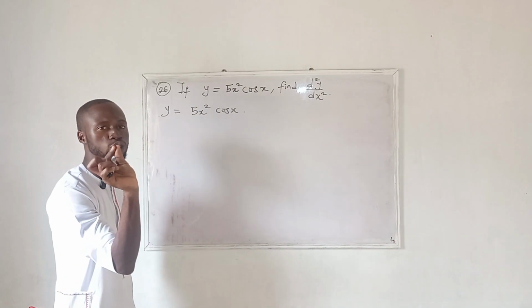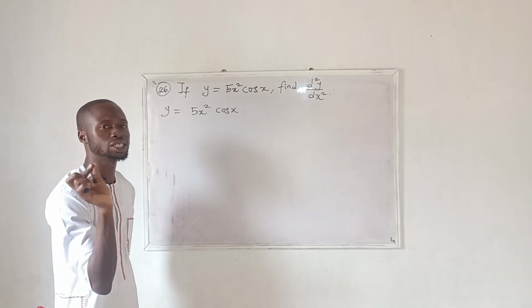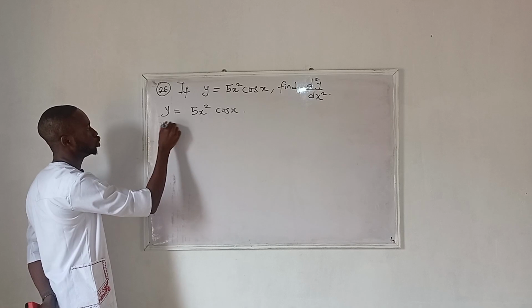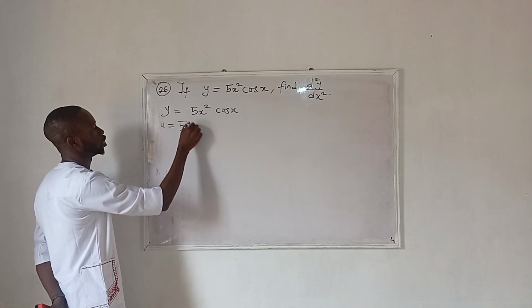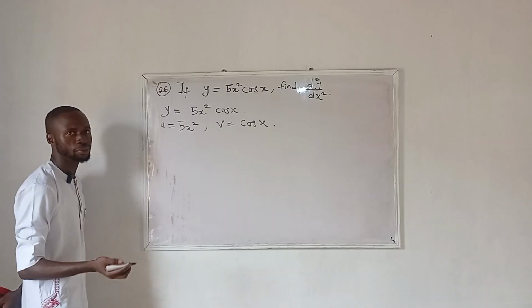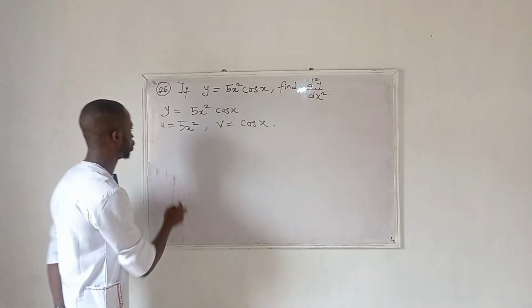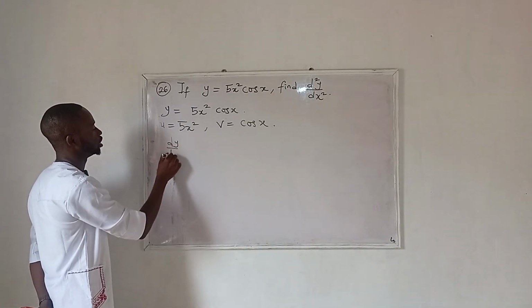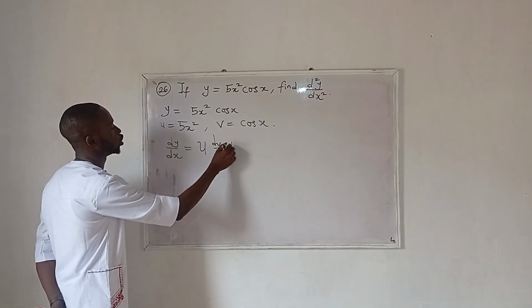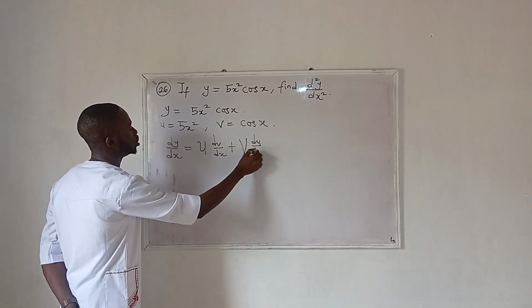They are both multiplying themselves. So that basically tells me that I'm using my product rule formula, where u is equal to 5x squared, and my v is equal to cos x. Remember that the formula for product rule is given by dy over dx equals u dv over dx plus v du over dx.